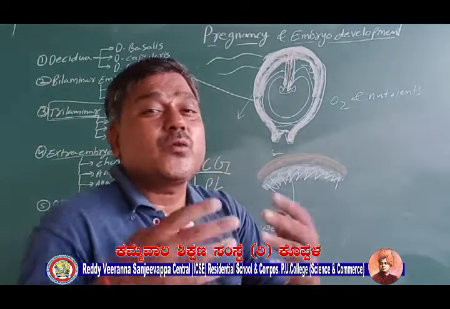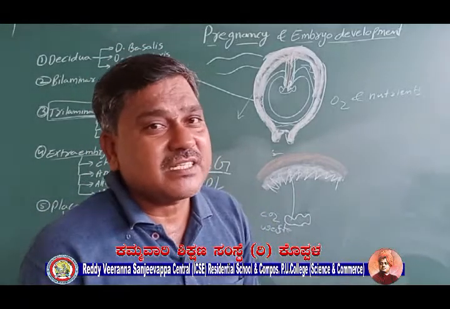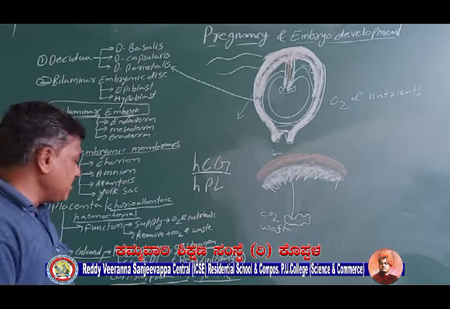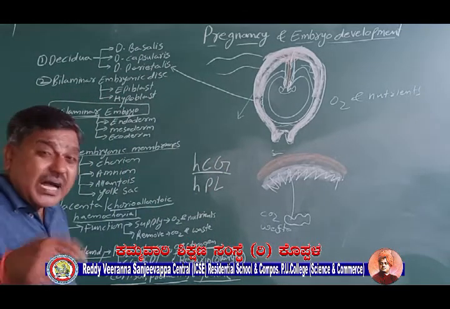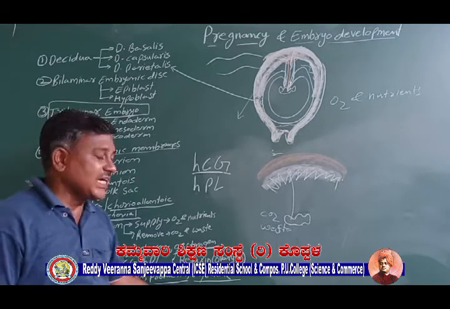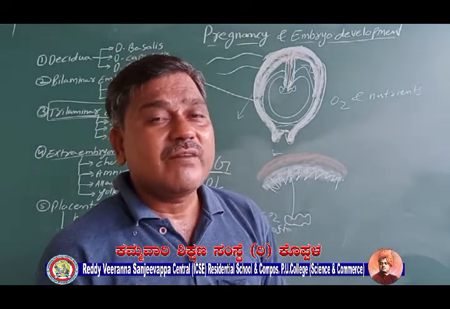But if we observe the blood of the mother, there is a high increase in hormones such as cortisol, prolactin and thyroxine during pregnancy. For what purpose?